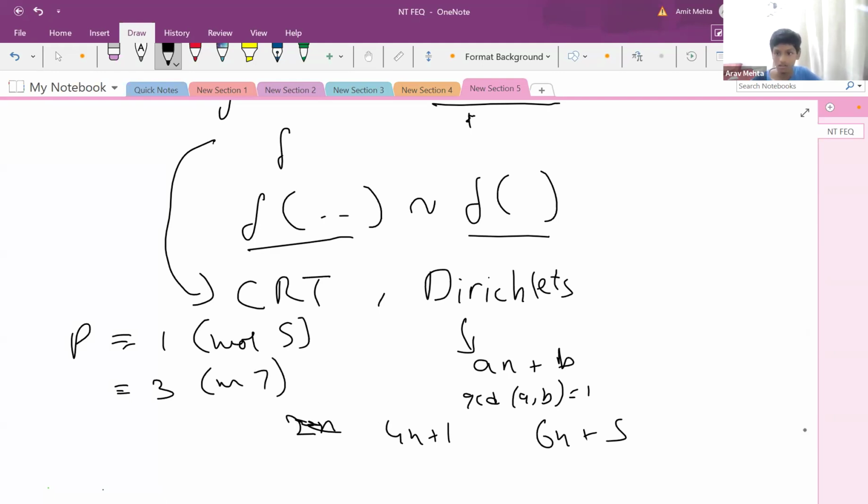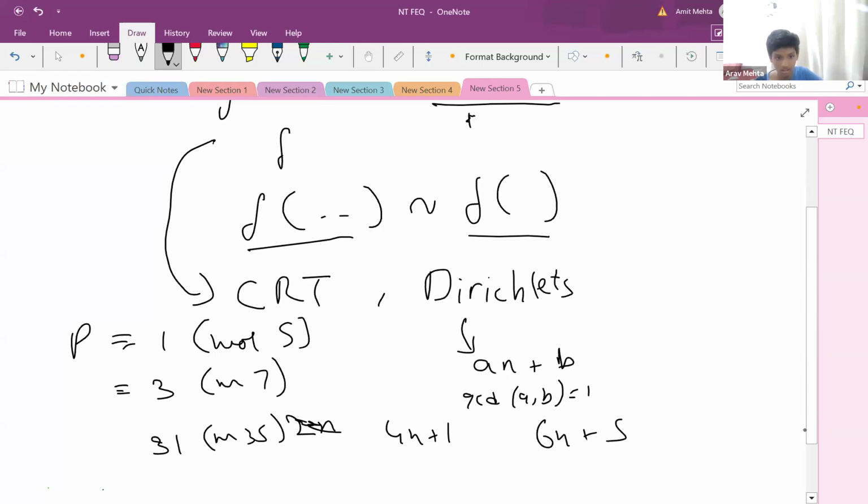So by CRT you can find an arithmetic progression, which in this case, what is it? 6, 21, 26, 31. Yeah. So 31 mod 35.